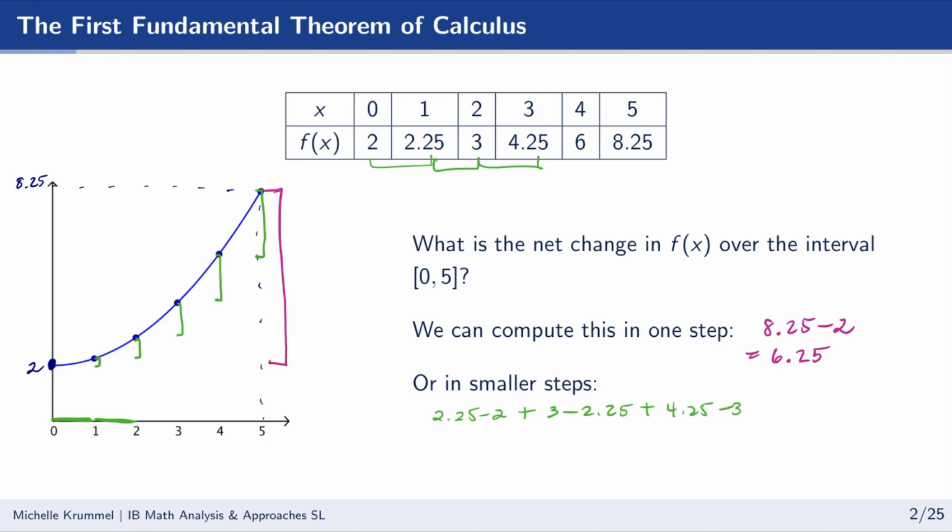And we can see something similar is going to happen that we were showing in the last slide, where we've got plus 3 minus 3, and we have 2.25 minus 2.25. All these little inside values are going to cancel out, and they're just going to leave us with the f of x value at the first endpoint. And then if I were to keep going, we'd have our 8.25, which is our f of x value at the right endpoint.